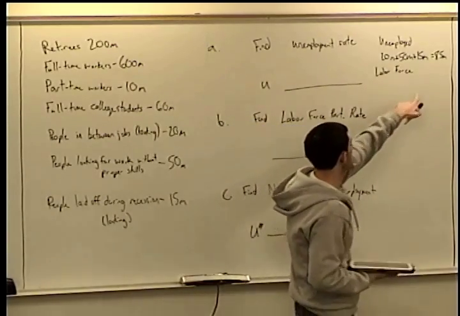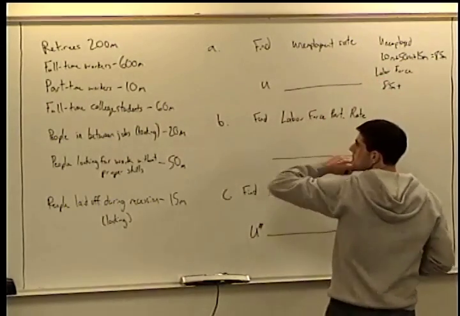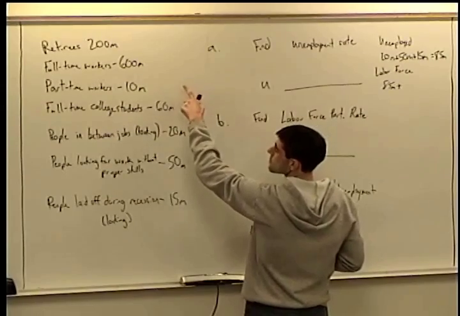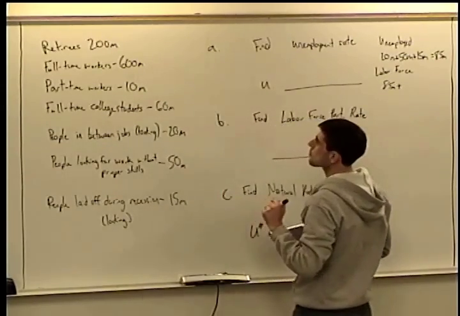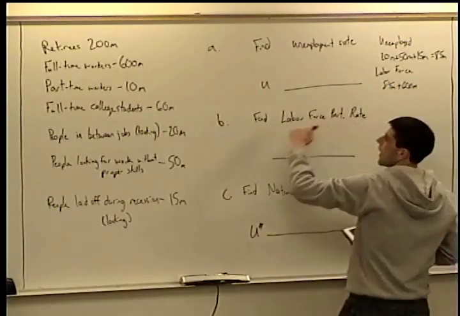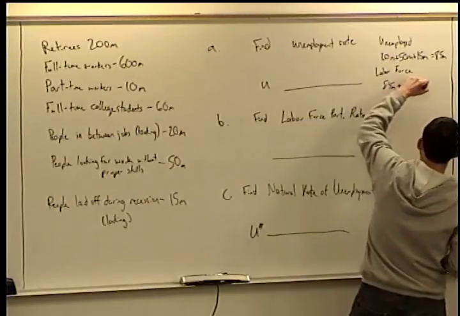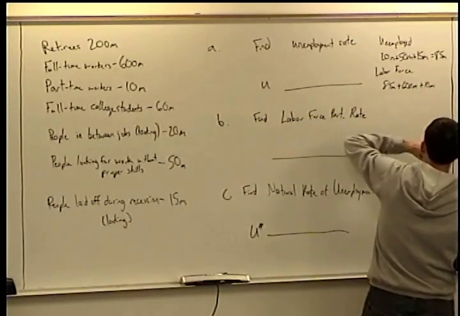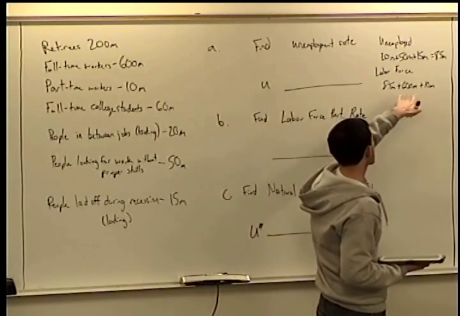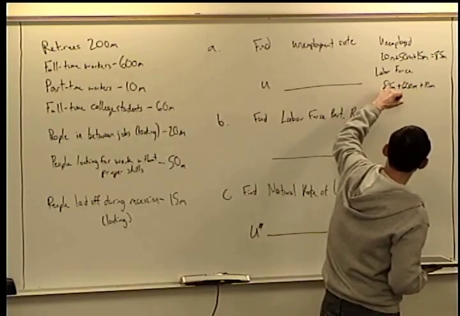So that's going to be unemployed, which is 85 million, plus the people who are employed. We have 600 million people who are working full-time. And then we also have 10 million people who are working part-time. So this is 85, 95, so 695 million is our labor force.